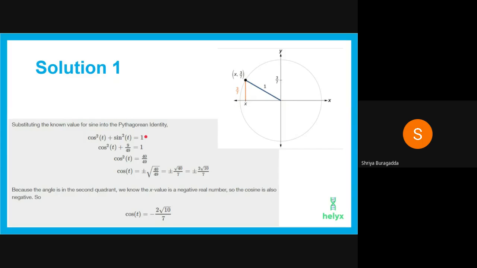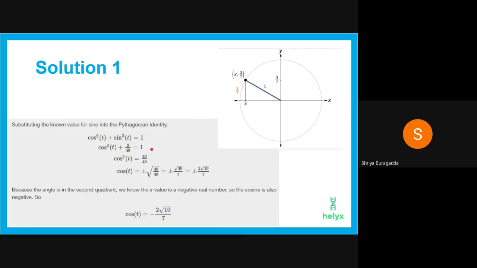As I said before, you start with the Pythagorean identity, cos squared t plus sine squared t equals 1. Since we know that the sine of t is 3/7, sine squared t is equal to 9/49, so we can just plug that in. Now we get that cos squared t equals 40/49.